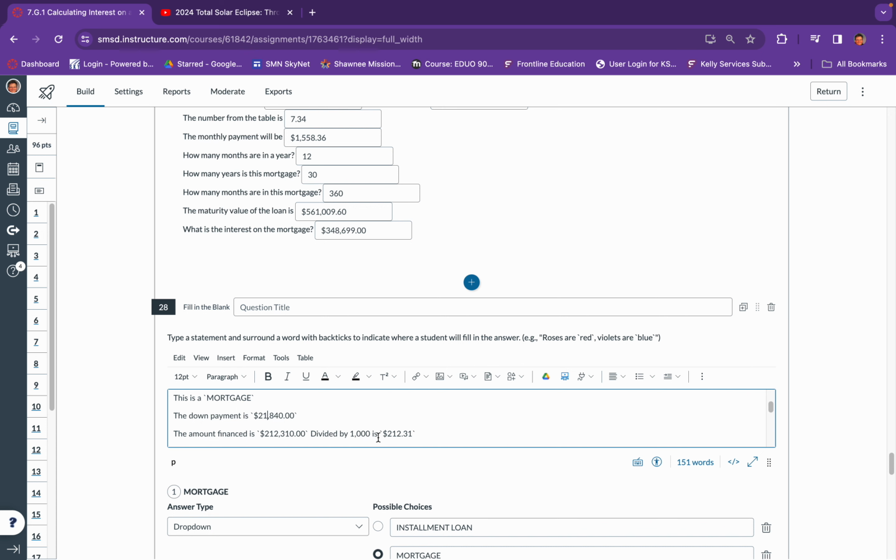Therefore, the amount financed is going to be $123,760. $123,760 divided by 1,000 is $123.76. The number from the table, so what do we have?